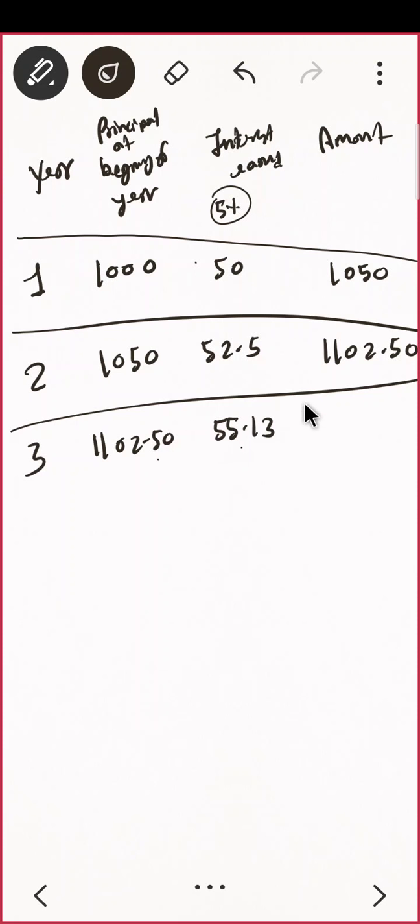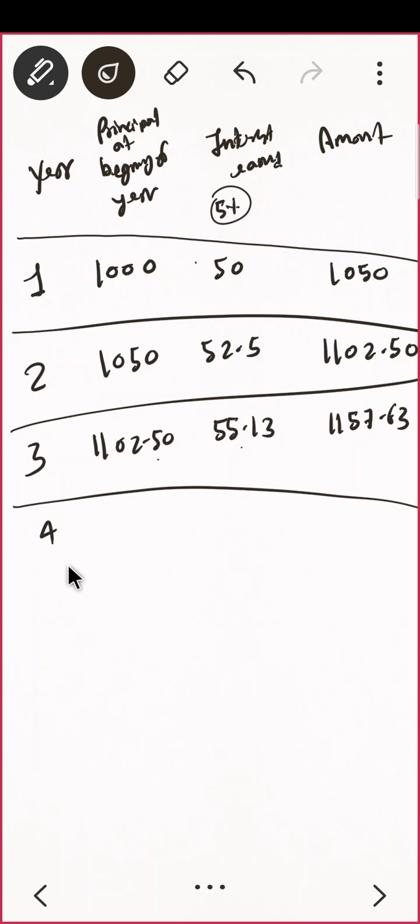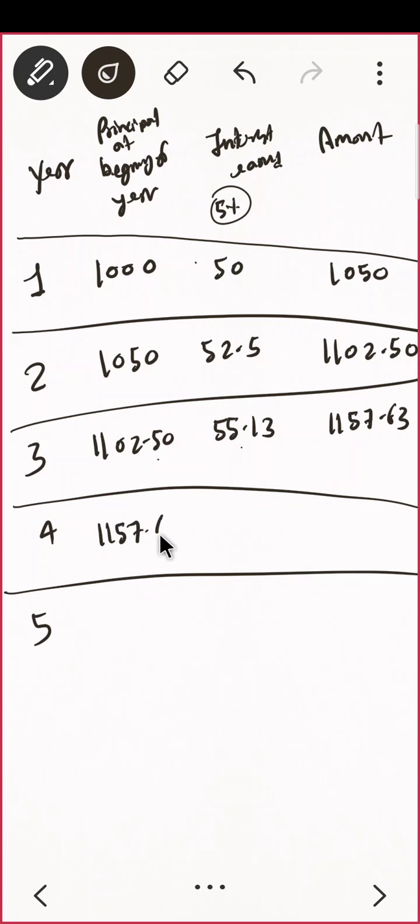So once you add these two, it will be 1157.63. Yes. So this is my new principal now. Fourth, and similarly for fifth. So this is my 1157.63. Now I have to calculate 5% of this. So it will be 57.88, and the amount will be 1215.51.